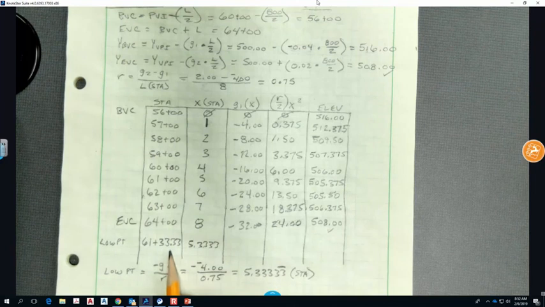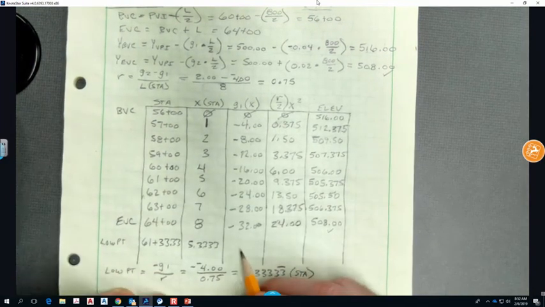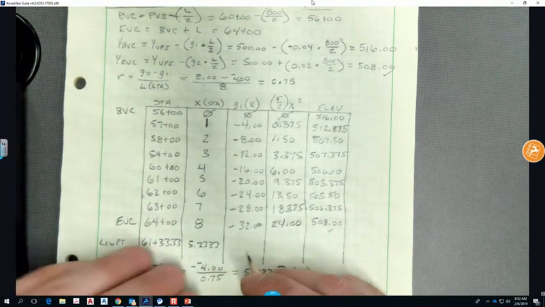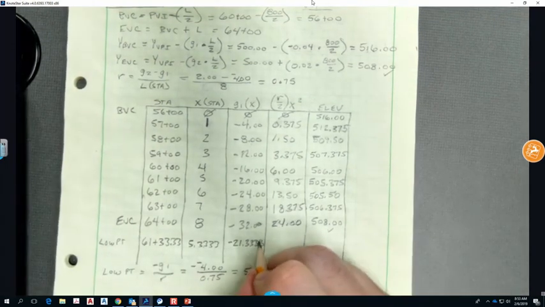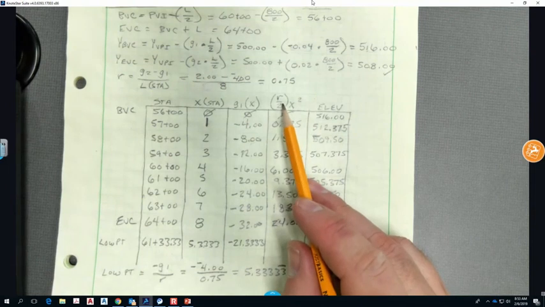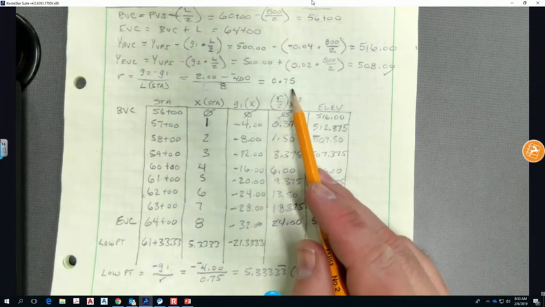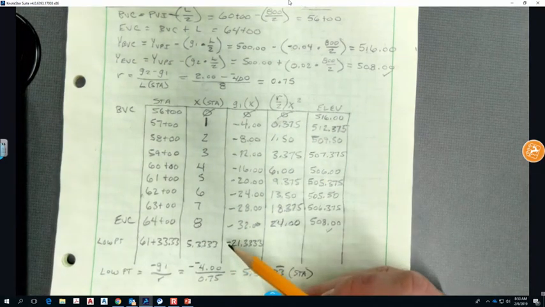Let's find the elevation of that now. So we're going to have to go through and do this all over again. Okay. So our G1x, G1 is -4 times x. So this is a -21.3333. And then we need R times x squared. So R 0.75 divided by 2 times x squared, 5.333.